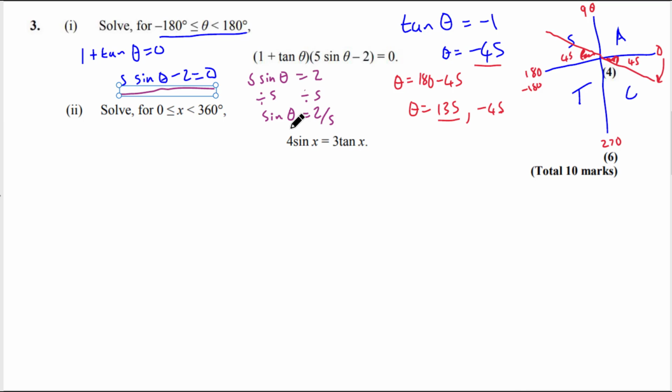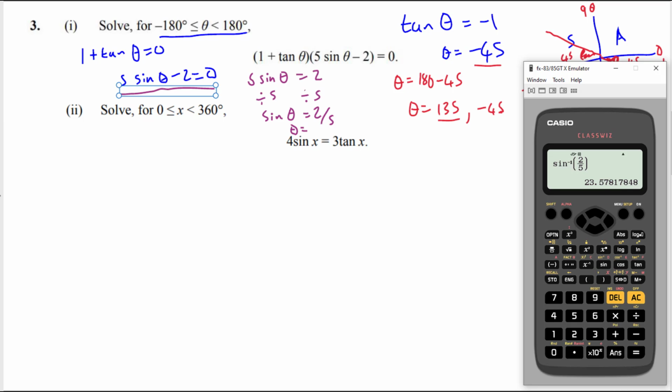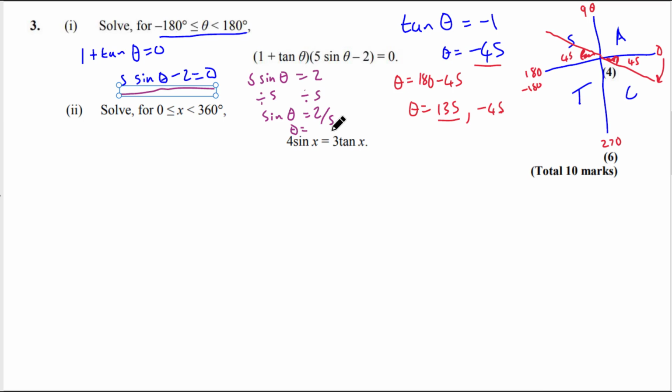So where can I write this? Theta equals 23.6. So we have 23.6 here, and that's the all positive section, which makes sense because we have the value of sine theta as positive right here, which is 2 over 5.